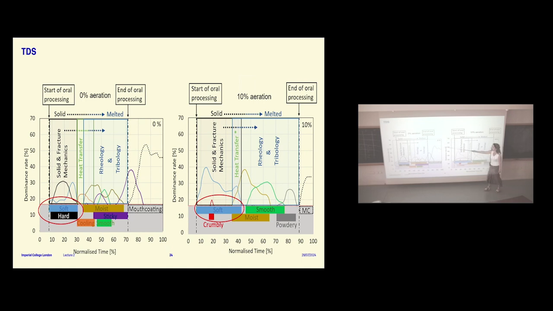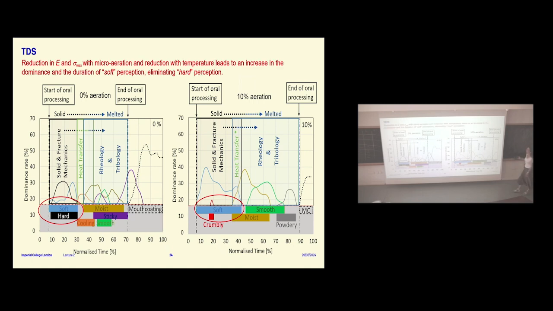This is 0%, and then the soft here is narrower and lower dominance than this one. I think that's okay because it agrees with what we measured. We had a reduction in modulus and maximum stress with microaeration, and a reduction with temperature, which led to an increase in the dominance and the duration of the soft perception by such an amount that hard was not picked up at all in the aerated chocolate.